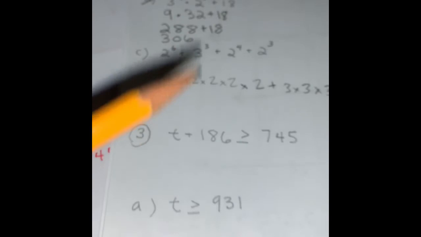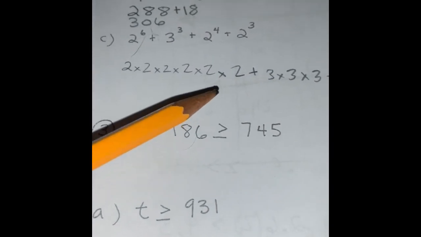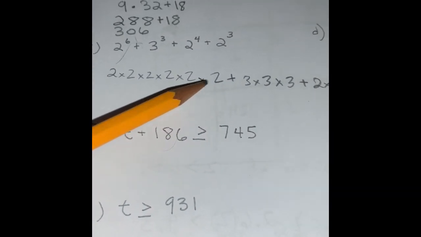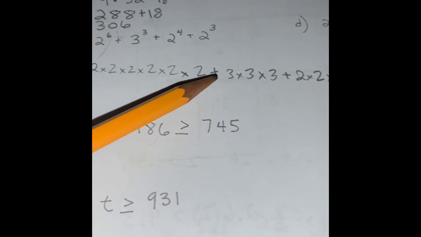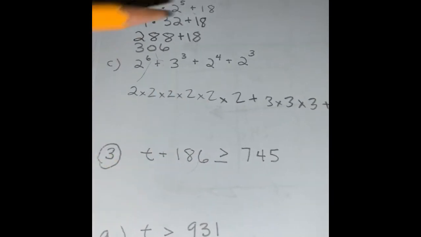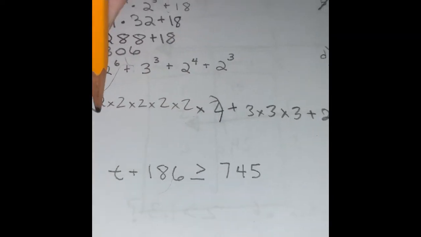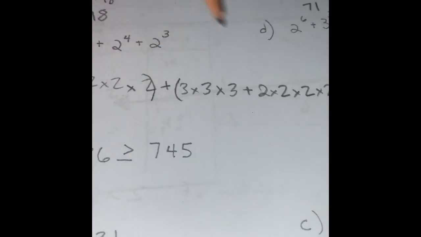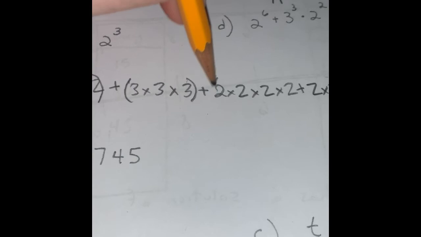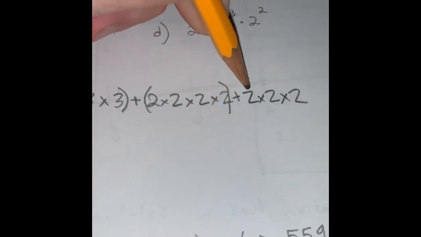So one thing that we have to be careful of is we have to make sure that we are separating the multiplication and the addition. All the multiplication has to go together. So this one's together, this one's together, this one's together, and this one's together.